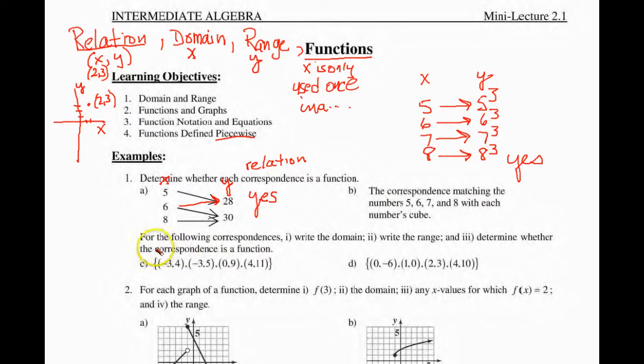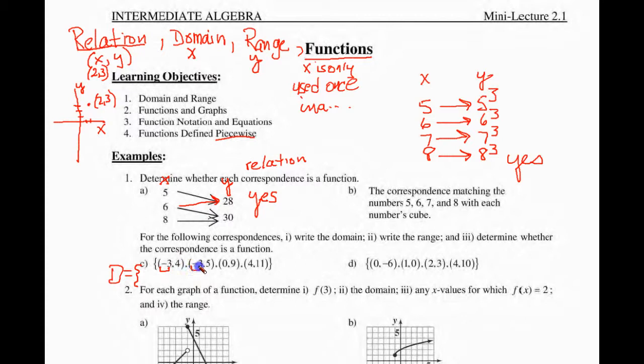All right, now they're asking us for the following relations or correspondence. Write the domain. Later, we're going to write the range. And then we're going to determine whether the relation, the correspondence, is a function. So here we're going to have D equals, and we put them in what we call roster notation, -3.